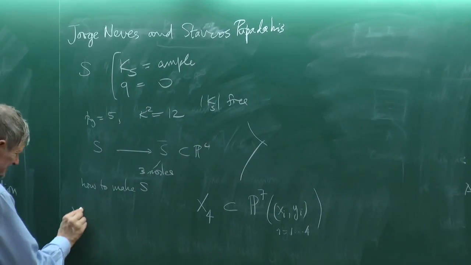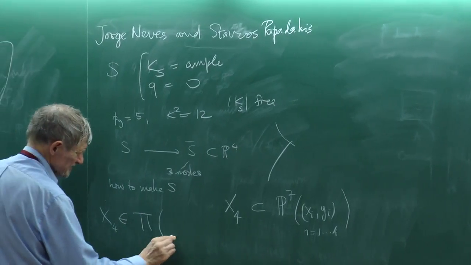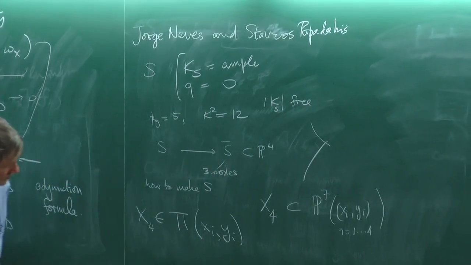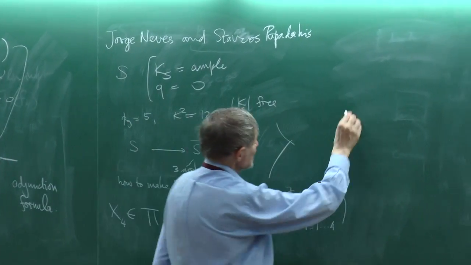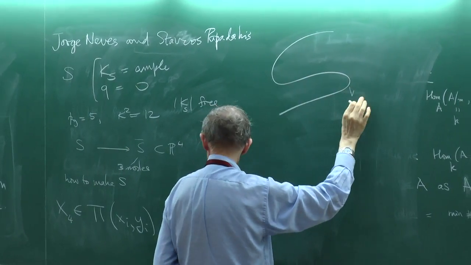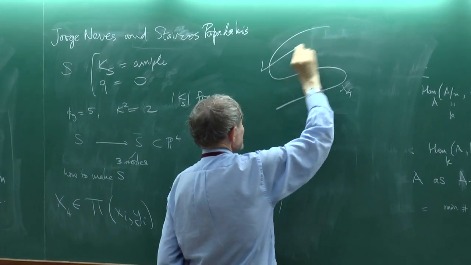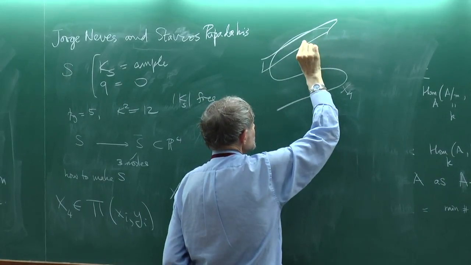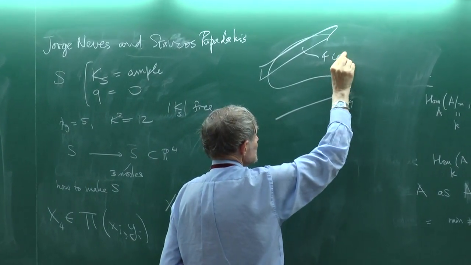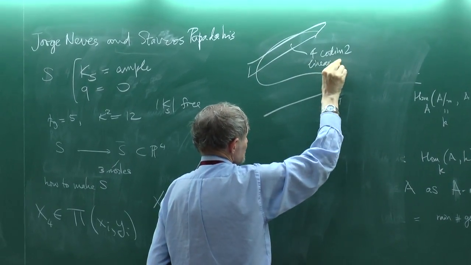And suppose that X4 is in the product of the ideals (x_i, y_i). Yeah? So I have a quartic. I have some kind of quartic hypersurface. So this is X4. And it contains inside it four codimension 2 linear subspaces.